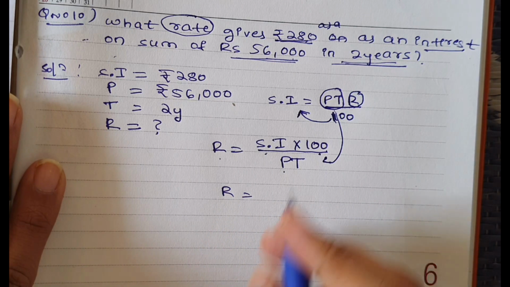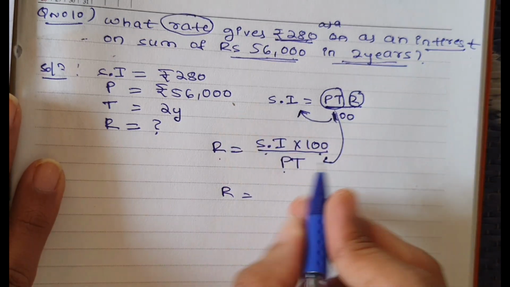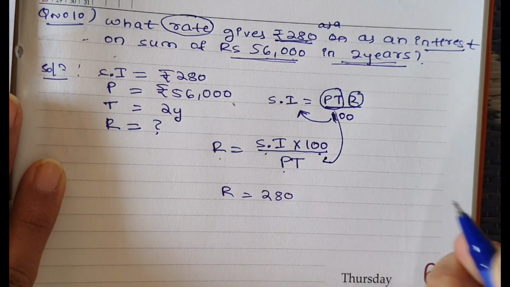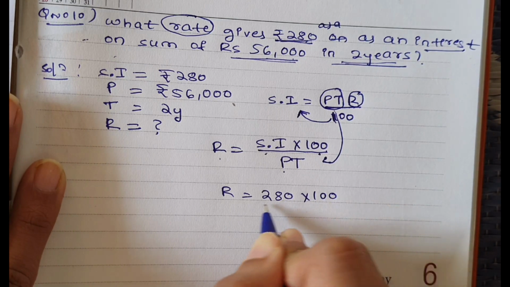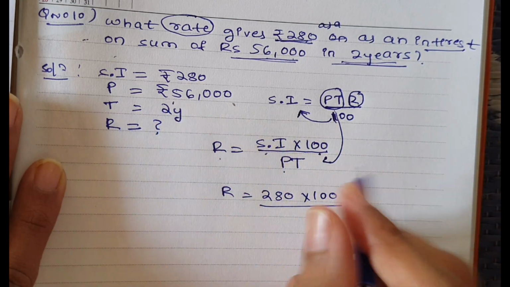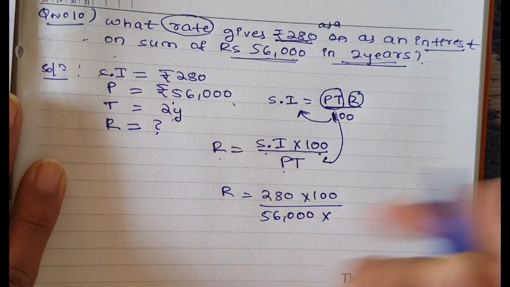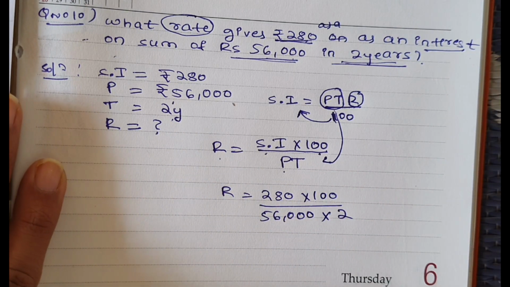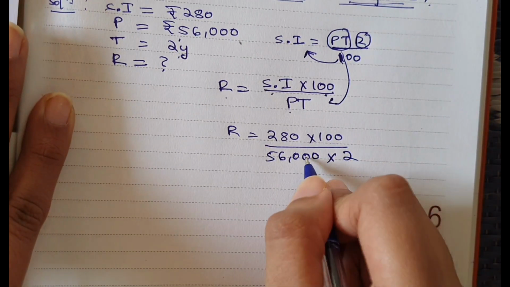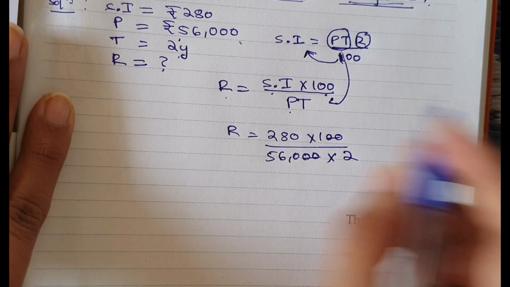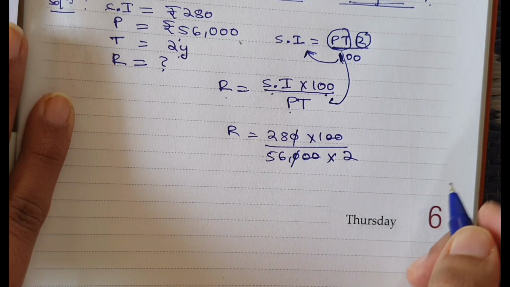Now, R is equal to, let me substitute all the values. Simple interest is 280 rupees. Multiplied with 100 divided by, what is P? 56,000 into, what is T? T is 2 years. Now let me simplify this. These two zeros got cancelled. This zero got cancelled.